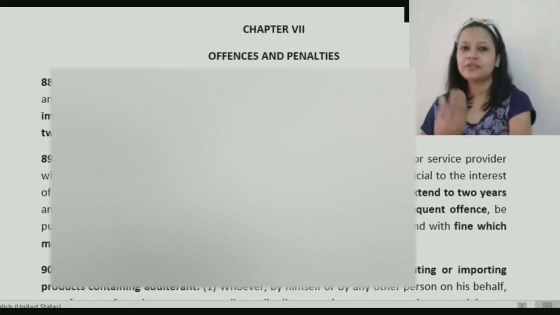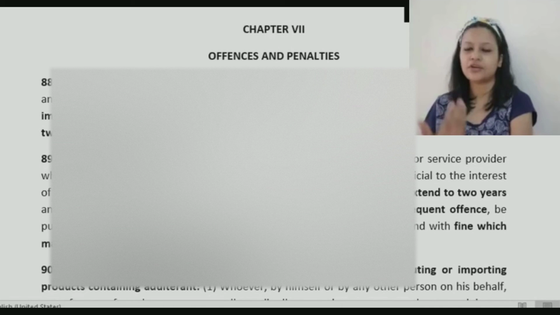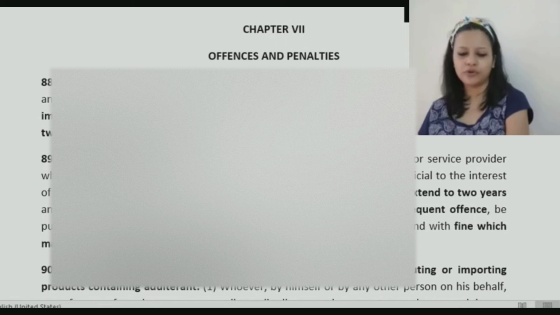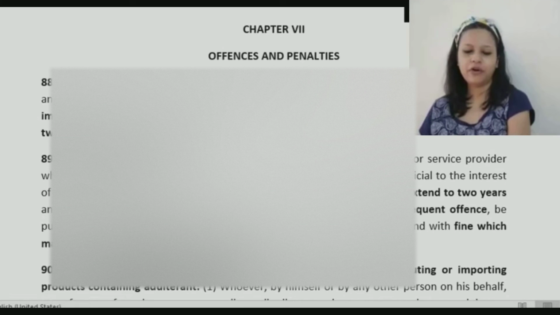If the Central Consumer Protection Authority has issued some directions or regulations and those are not being followed, then in such cases, punishment or penal provisions would apply, that is imprisonment for a term which may extend to 6 months or with fine which may extend to 20 lakh rupees or with both.